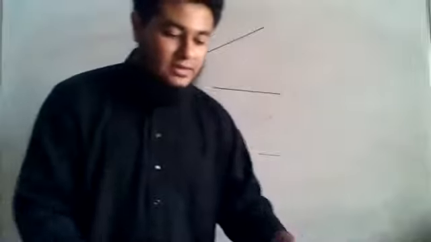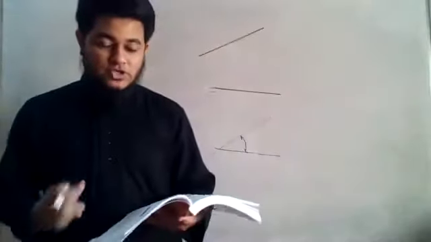Then comes dihedral angle. The next topic that we were discussing was dihedral angle, right? If you look at the picture, you will get an idea. There are two planes. They are kept at an angle, right?